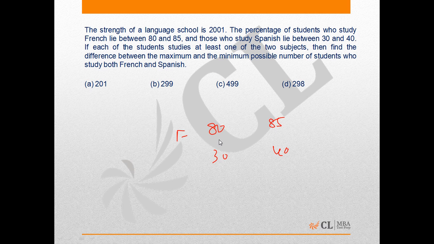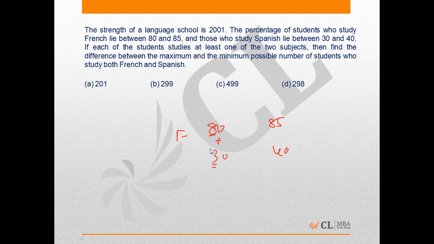Here we have to find the minimum as well as maximum possible value of the number of students who study both the subjects, and it is given that each of the student studies at least one of the two subjects, and when we add 80% and 30%, that is the minimum percentage of the students of French and Spanish respectively.